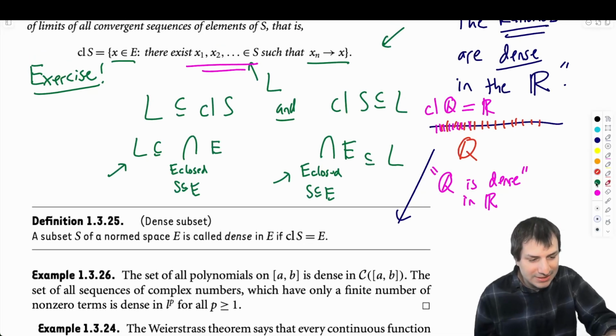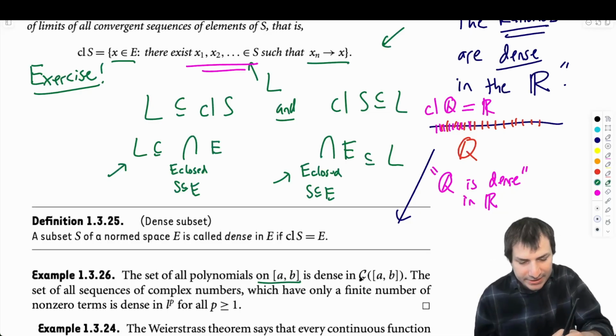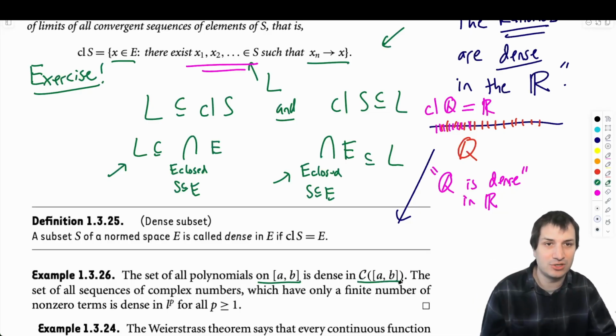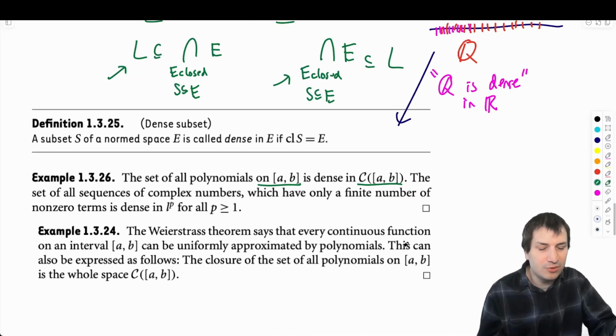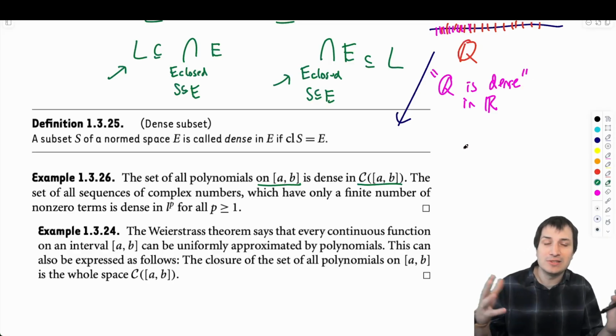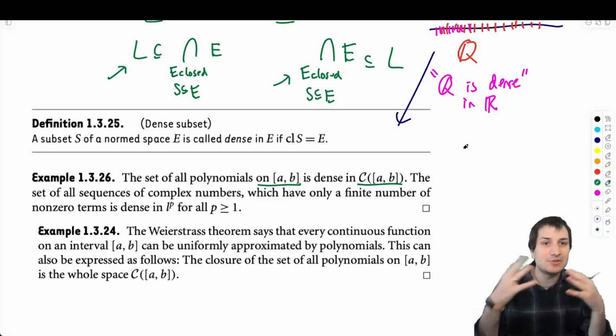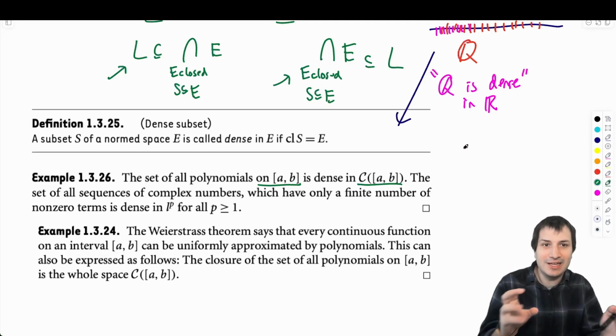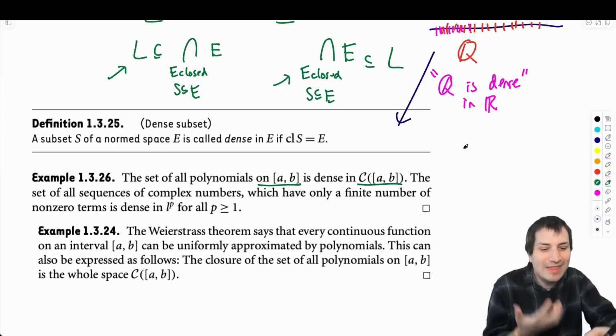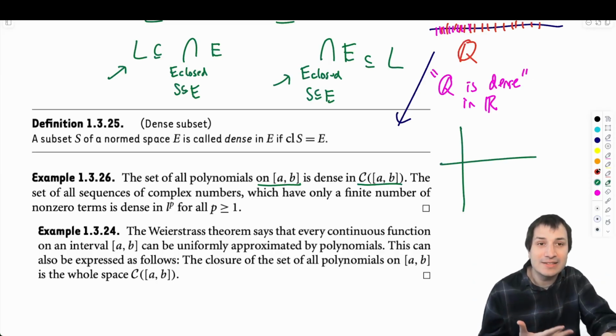They wrote in the textbook that the set of all polynomials on [a,b] is dense in the continuous functions on [a,b]. So what this means, if you look at all the possible polynomials, this is an infinite dimensional space. It seems very big, but in some sense, a polynomial is not that nasty of a function. A polynomial is a nice function.